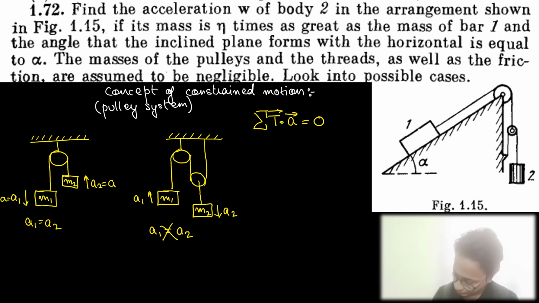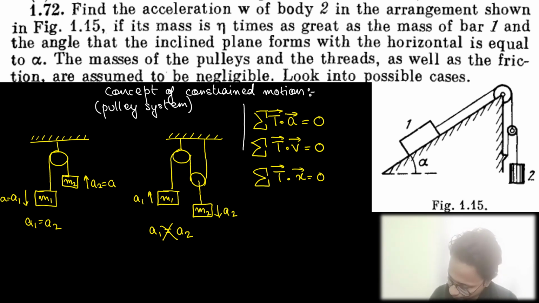Or the net summation of T dot V is equal to 0, or the net summation of T dot displacement is equal to 0, where V is velocity, A is acceleration, and X is displacement.